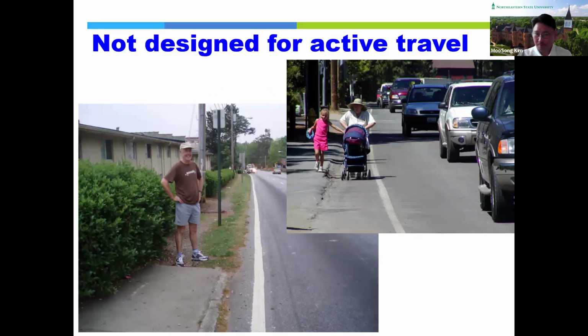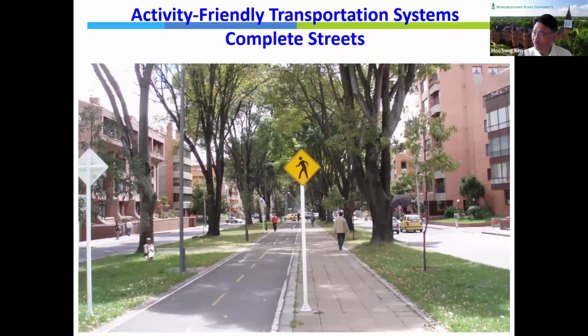Compare this community with that community: definitely better environment communities provide people with more opportunity to engage in health behaviors, right? So we talked about the importance of environment. Okay.